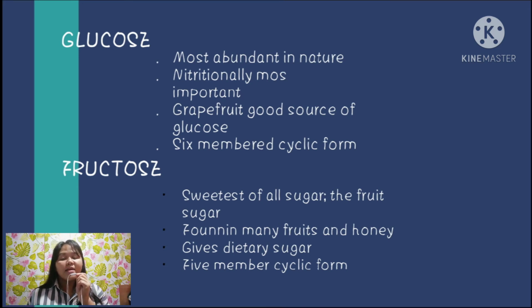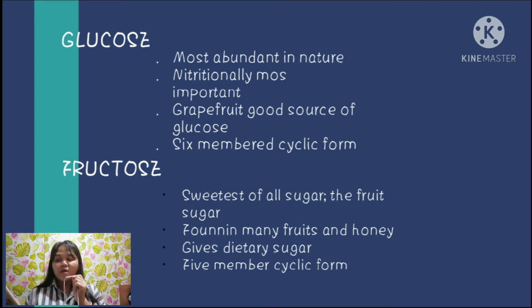In formula, glucose is a 6-membered cyclic form. All those biochemically important monosaccharides are present in cyclic form. As I said, after glucose we have fructose. Fructose is the sweetest of all sugars, also known as fruit sugar.